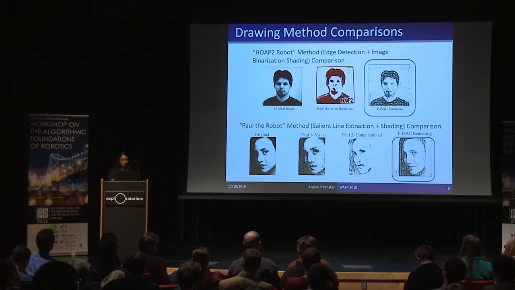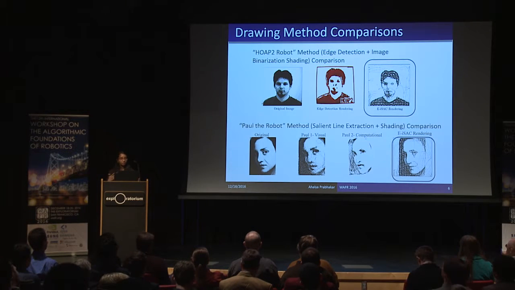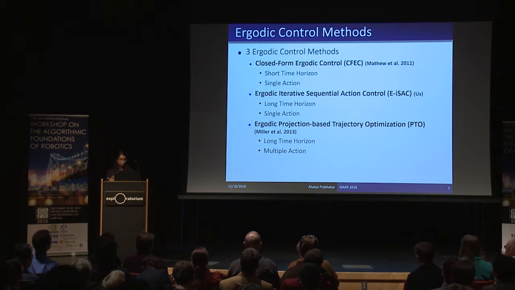In order to best approximate the image. So now that we can see that we are able to use ergodic control to achieve our objective and draw in a nice way, we wanted to see what kind of scope and flexibility we have within ergodic control methods, and how we can use ergodic metrics in different ways. So we compared three different ergodic control methods. The first is a closed form solution update law that's based on a short time horizon to generate the next single action to best improve the ergodicity.